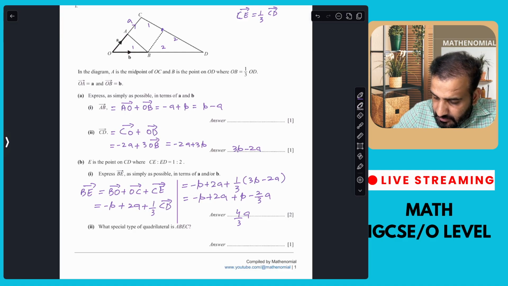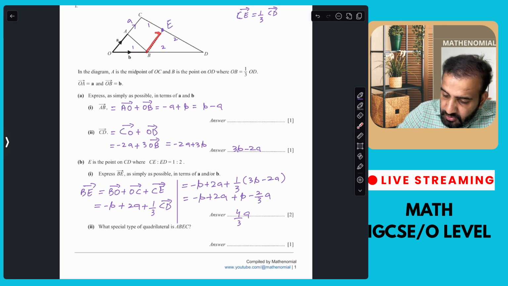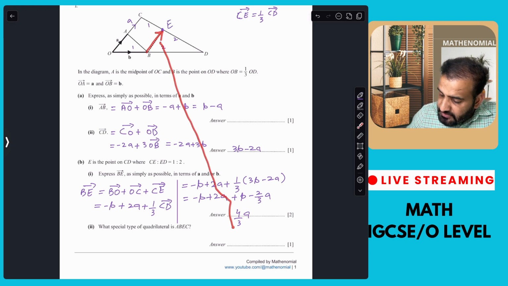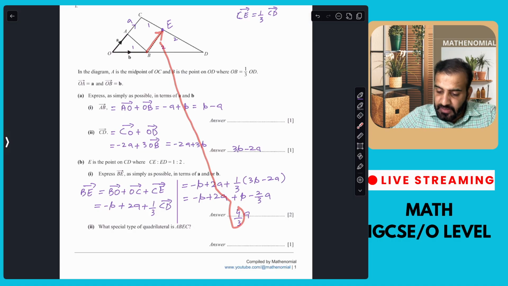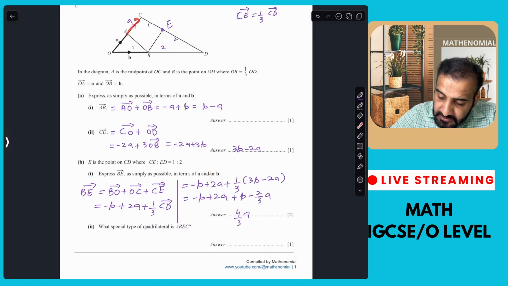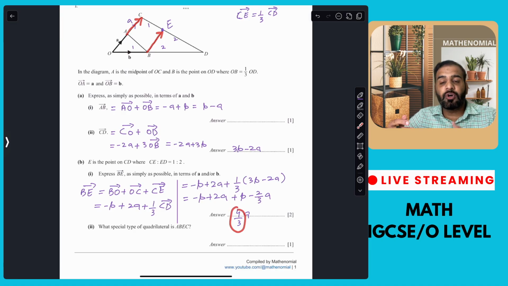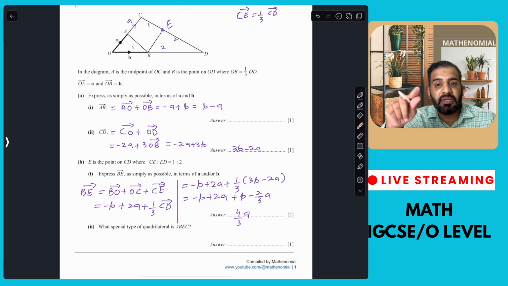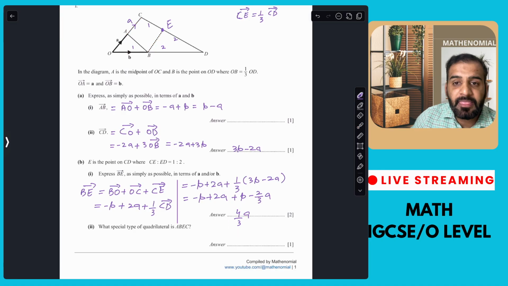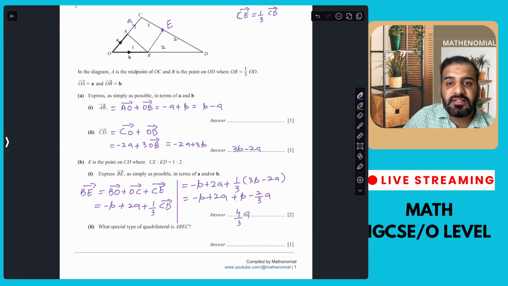So this was E. After looking at the answer, BE is some multiple of a. What was a? A was this vector, and BE is this. So if BE is 4/3 of a, it means BE and AC are multiples. When two sides are multiples in a quadrilateral, that is a trapezium.